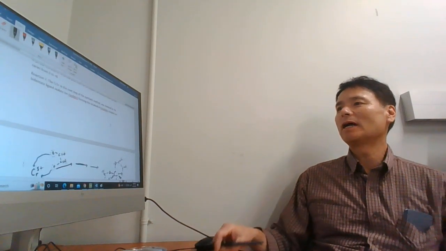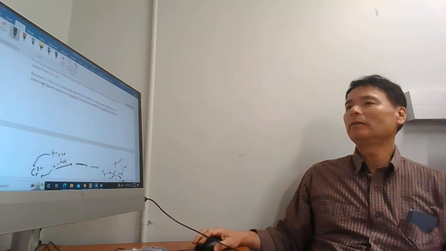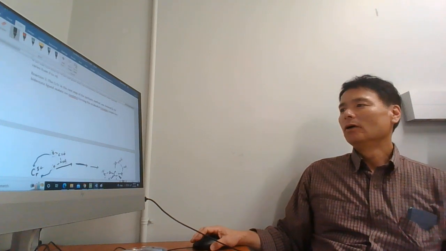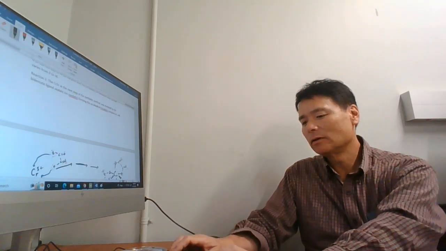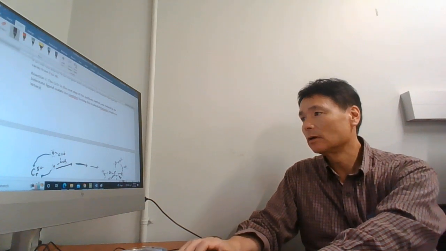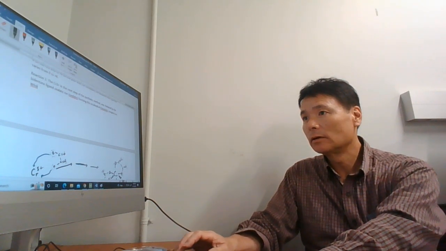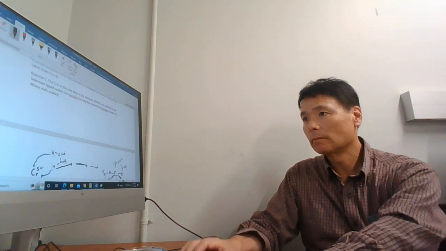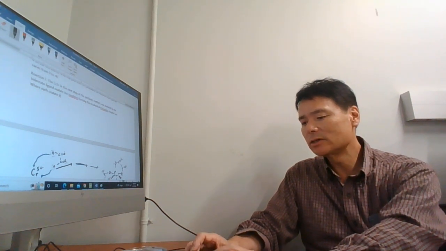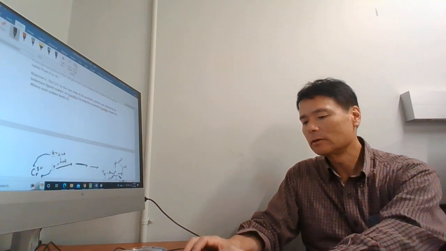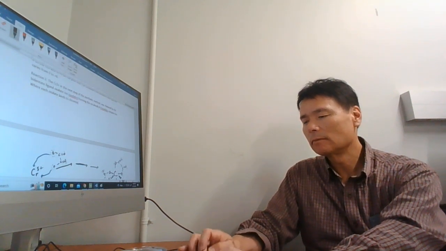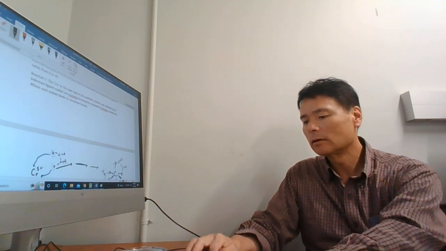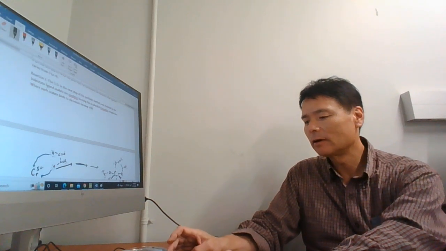So we might put that in here. It was chelated by the bidentate ligand oxalate ion, where each oxalate binds to chromium, forming a 5-membered ring.